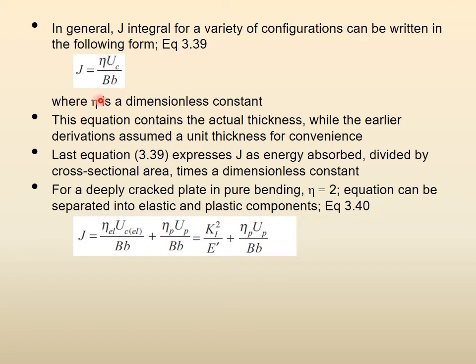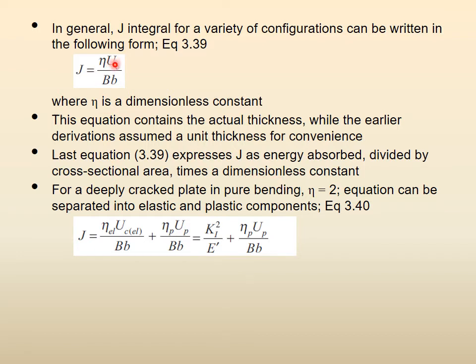And this eta is a dimensionless constant. This equation contains the actual thickness, capital B, while the earlier derivations assumed a unit thickness for convenience. And this equation expresses J as energy absorbed divided by the cross-sectional area times a dimensionless constant, right?